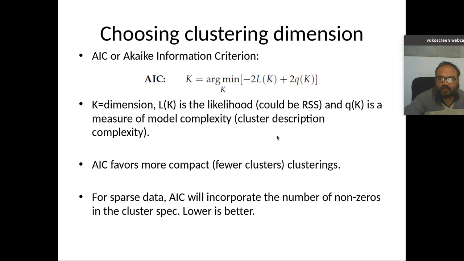So we want k to be such that the quality of the cluster is as high as possible, but still the k value is not very large. So that's why AIC favors more compact and fewer clusters. For sparse data, the AIC will incorporate the number of non-zeros in the cluster, which means the lower is better.